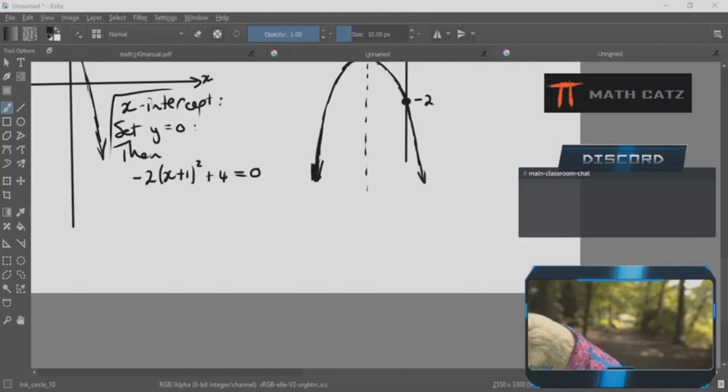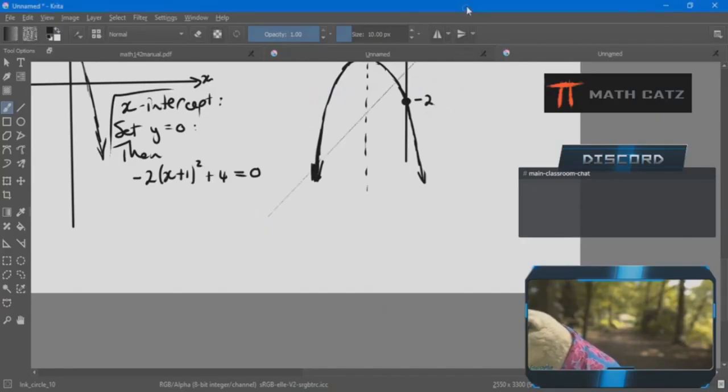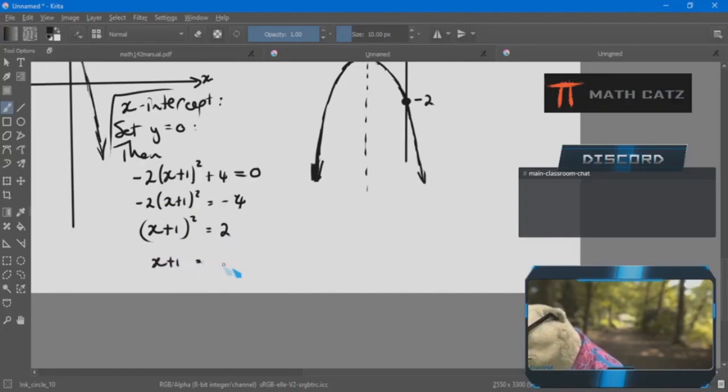All right, x-intercept. I got distracted, I apologize. So now I have negative 2(x + 1) squared equal to negative 4. So (x + 1) squared equals negative 4 divided by negative 2, which is 2. So x + 1 is then plus or minus the square root of 2.